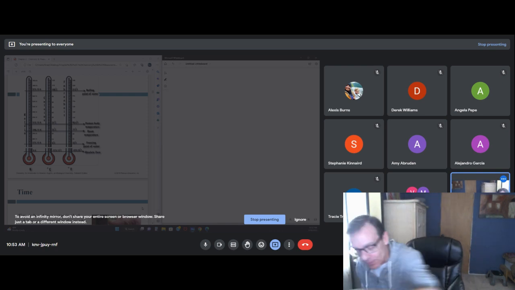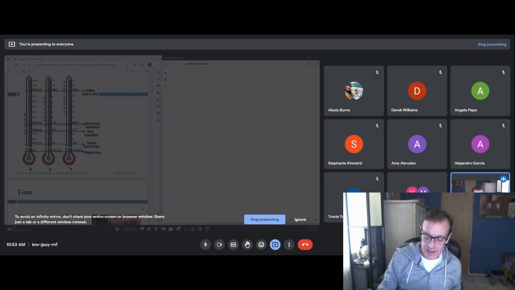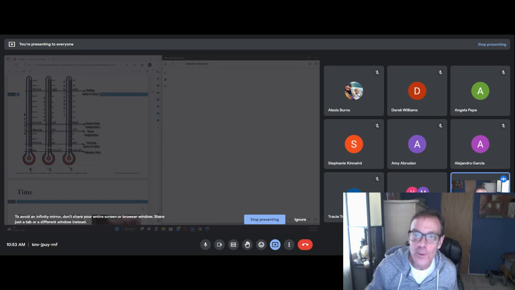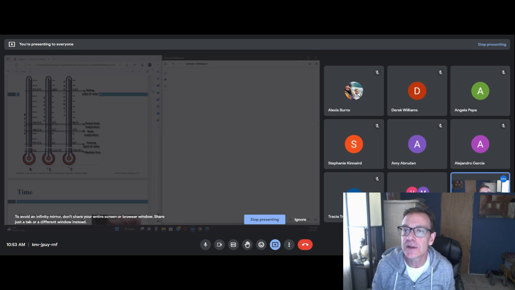I'm drawing a picture here for you. You get up, stretch your arms, look at the local news in Rome, and you see that the temperature outside is 10 degrees. You know it's Celsius.